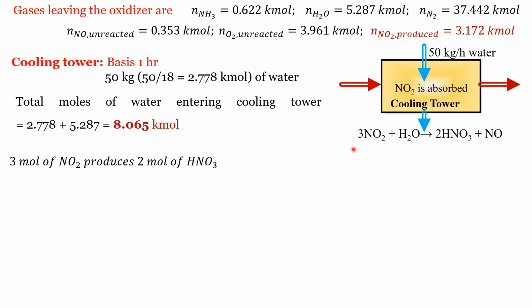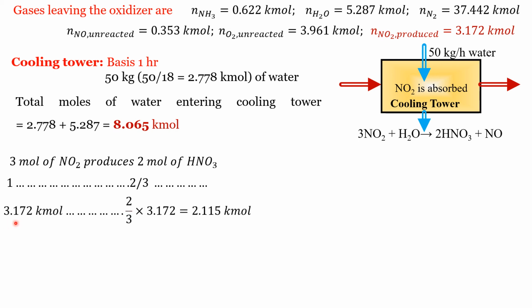Now, as per this reaction, 3 moles of NO2 produce 2 mole of HNO3, and the available NO2 is 3.172 kilomole. So corresponding to 3.172, we can find the moles of HNO3 produced.